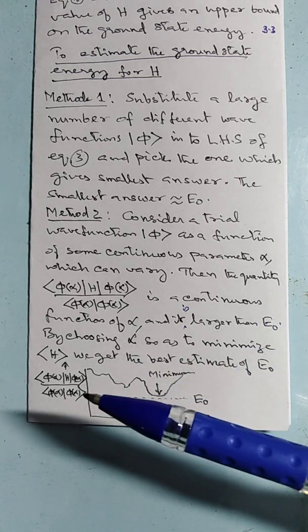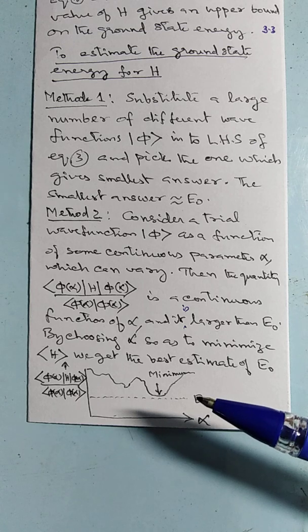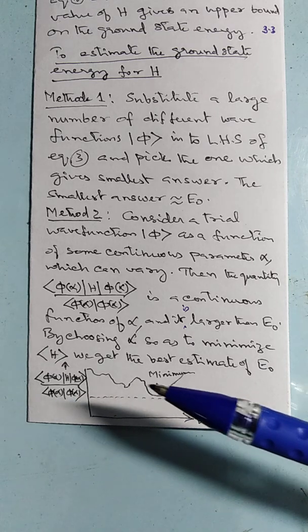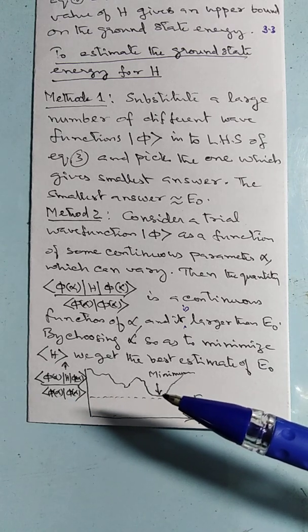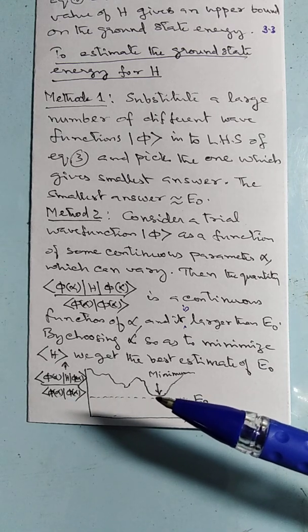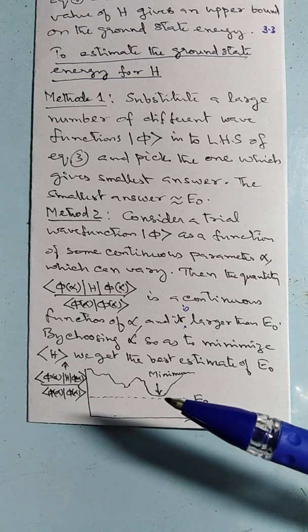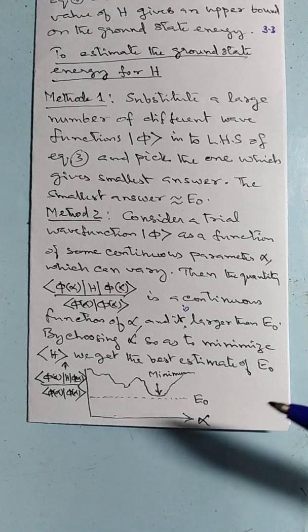The dotted line represents the ground state energy of the system, which is a constant. If the curve approaches the value of E0, that minimum represents the ground state energy of the system. This is the usual procedure.